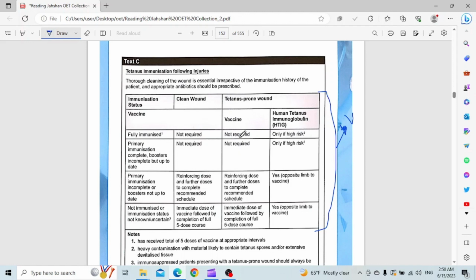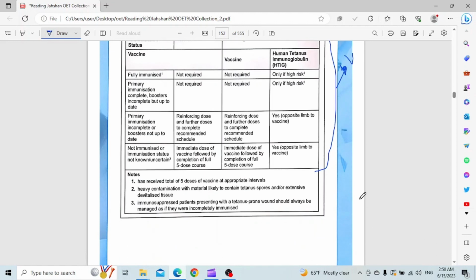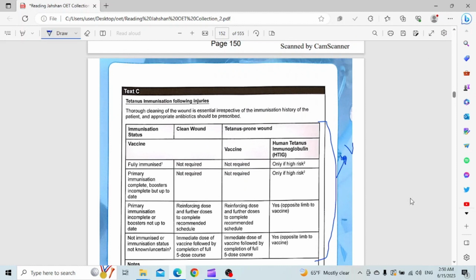Okay, this is very super important because it's almost in every OET practice test and every OET test in the past year, not just in the past few months. They always bring a question or two or even three, sometimes three, from the information that is above or below the schedule.